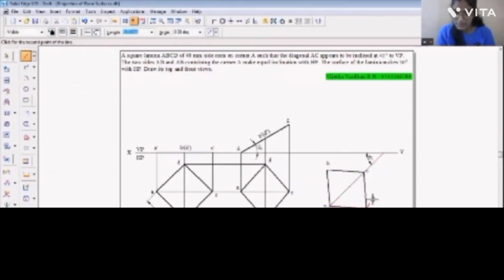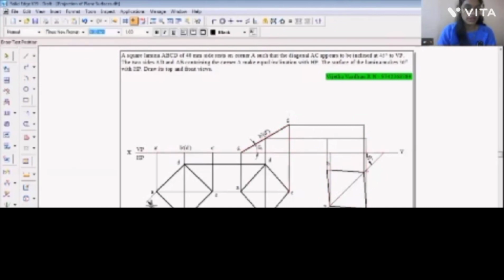Let's project the lines B to B dash, C to C dash, D to D dash, and A to A dash to get the final view, the diagonal inclined to VP view. C to C dash and A to A dash.